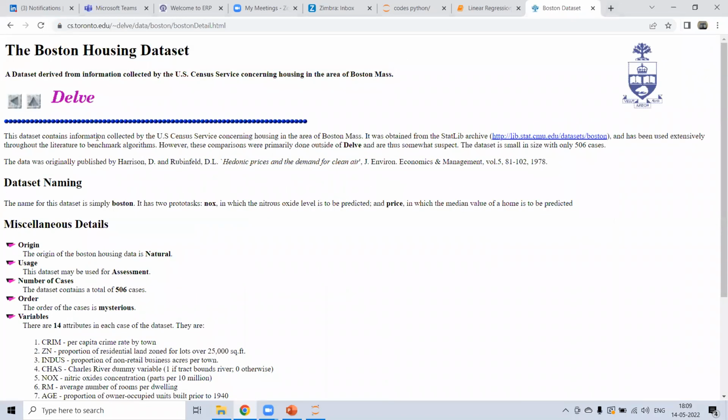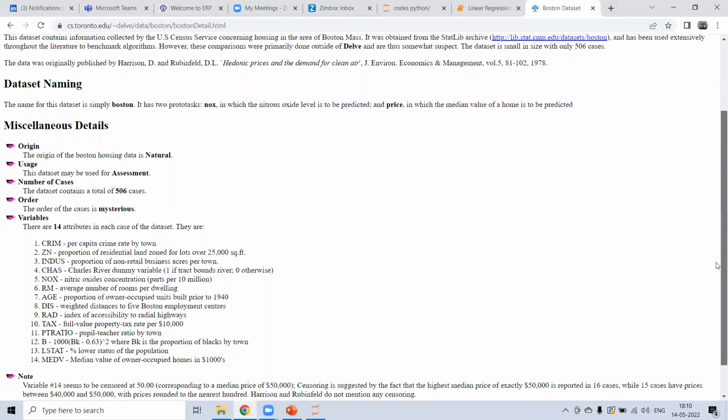The data set contains information collected by the US Census Service concerning housing in the area of Boston, Mass. It is owned by so and so, and has been used extensively throughout the literature to benchmark algorithms. However, these comparisons are primarily done outside of Boston. Anyway, what are the variable names?